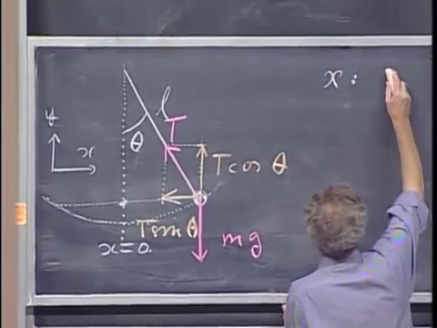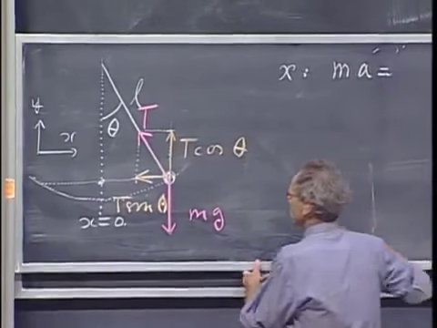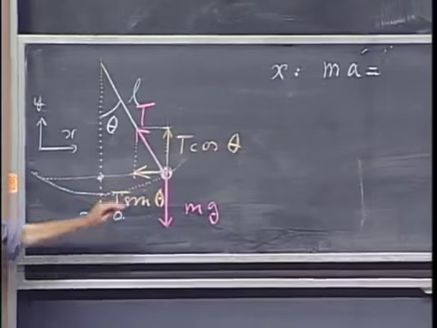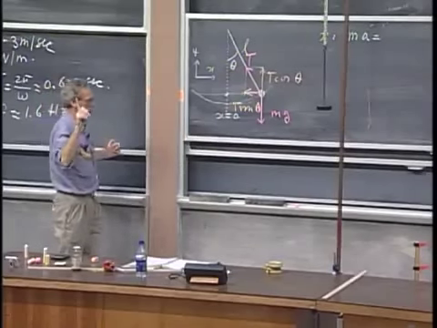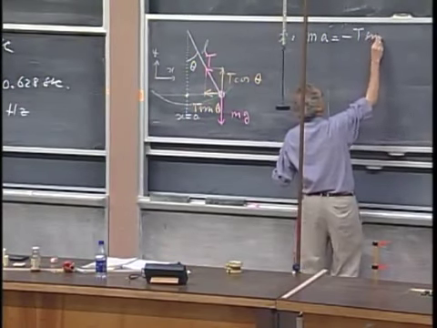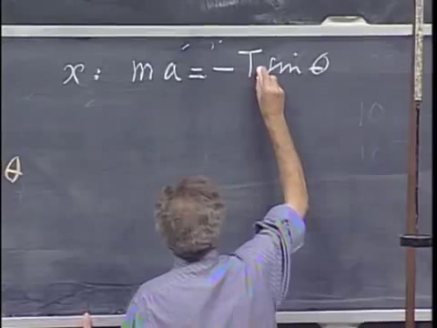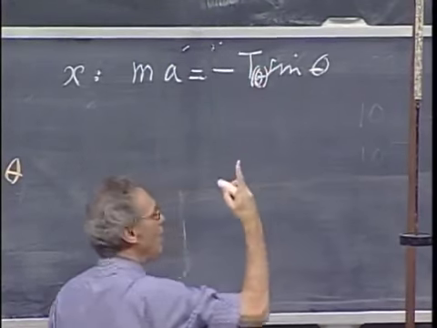Second, Newton's second law. Ma equals, this is the only force in the x direction. It's a restoring force, just like with the spring. I therefore have to give it a minus sign. So equals minus T times the sine of theta. T itself could easily be a function of theta, so I have to allow for that.